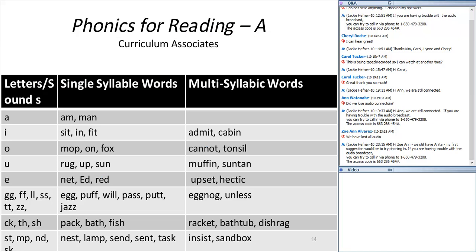And so right away, we want them reading long words. And then we have the letter O, and again, we teach the sound, put it into words, put it into multisyllabic words, and then U, and then E.